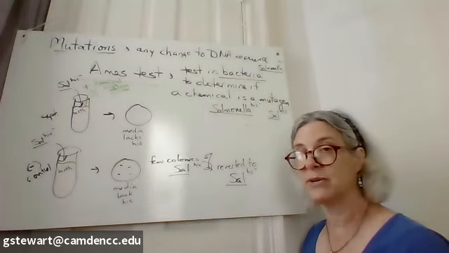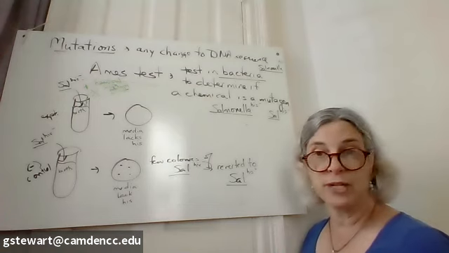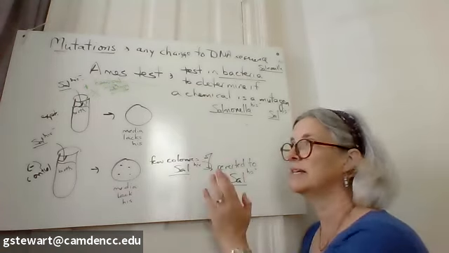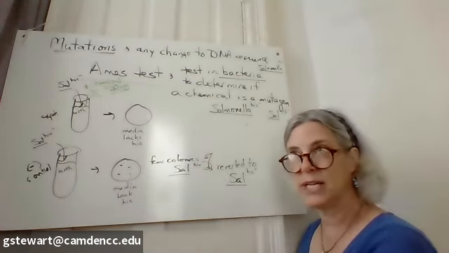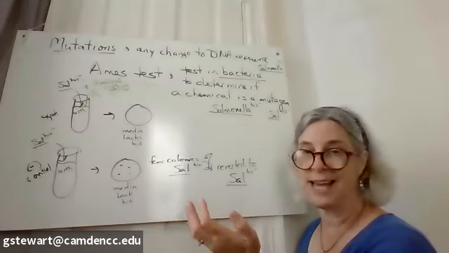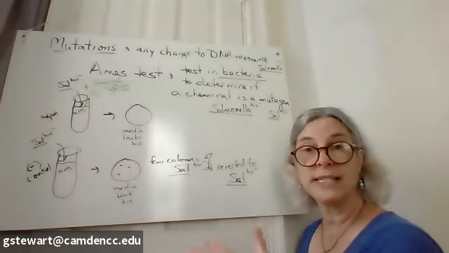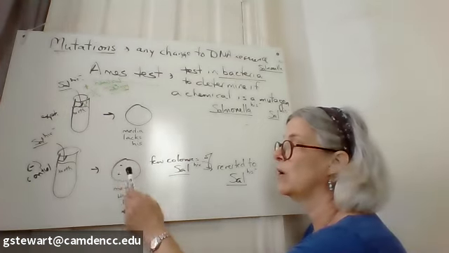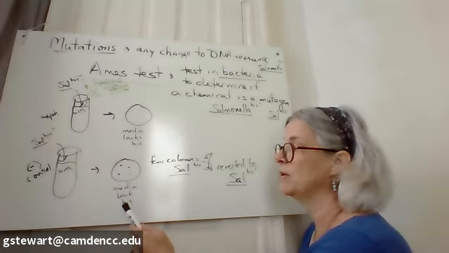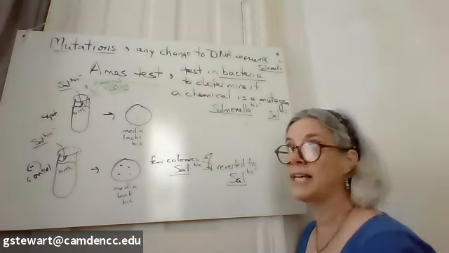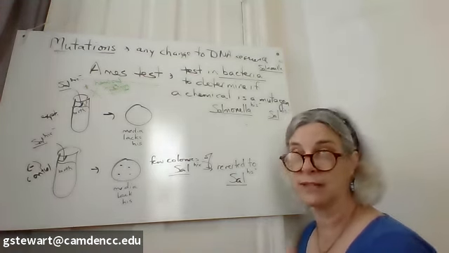Remember, every time the bacteria multiplies, we have the opportunity for a spontaneous mutation. So there's always going to be a few, less than 10, colonies that spontaneously revert back to His plus. So they can grow on this plate without histidine being added as a supplement. They can make it from minimal media.